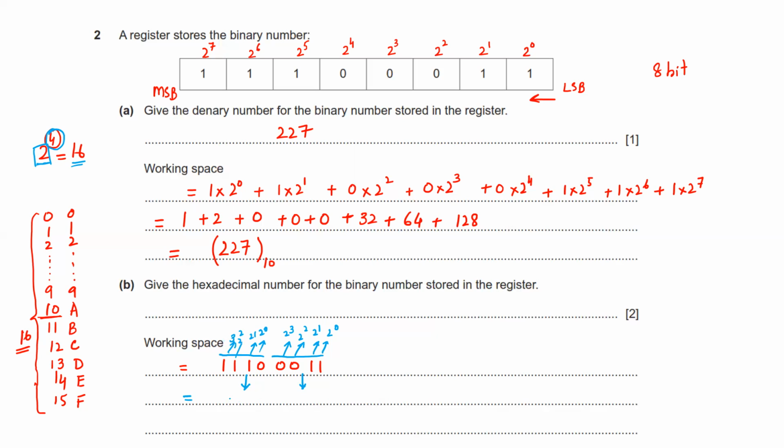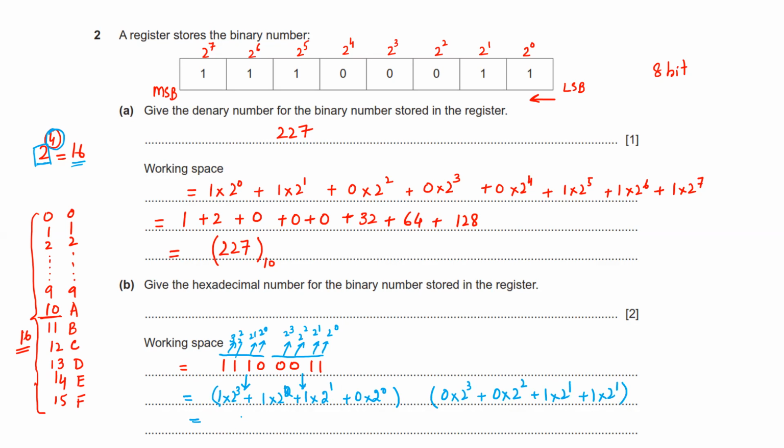So let's try to add them. 1 multiplied by 2 to power 3 plus 1 multiplied by 2 to power 2 plus 1 multiplied by 2 to power 1 plus 0 multiplied by 2 to power 0. This is one part. Then the other part: 0 multiplied by 2 to power 3 plus 0 multiplied by 2 to power 2 plus 1 multiplied by 2 to power 1 plus 1 multiplied by 2 to power 0.